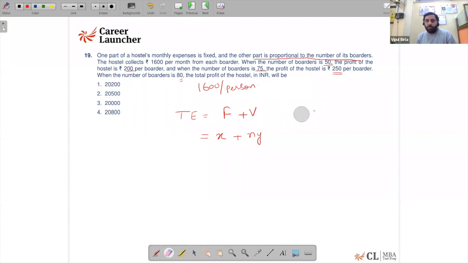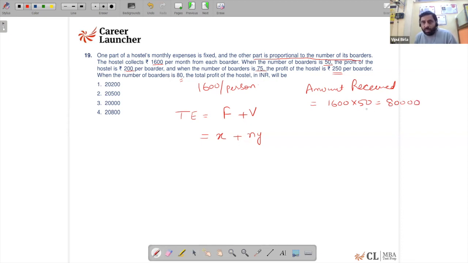Now, according to the question, when there are 50 people, and the hostel is charging 1600 rupees per person, the total amount received in the first case is equal to 1600 into 50, which is equal to 80,000. So this is the receiving when there are 50 boarders.